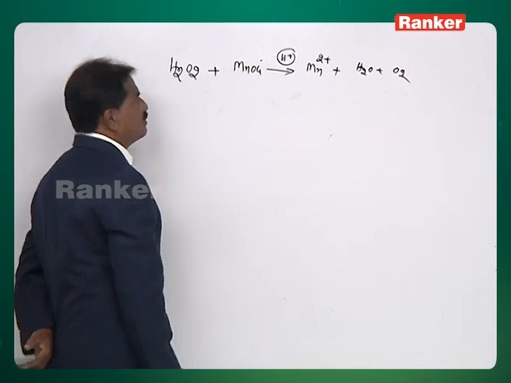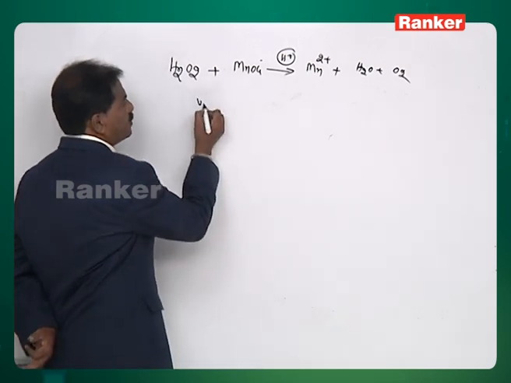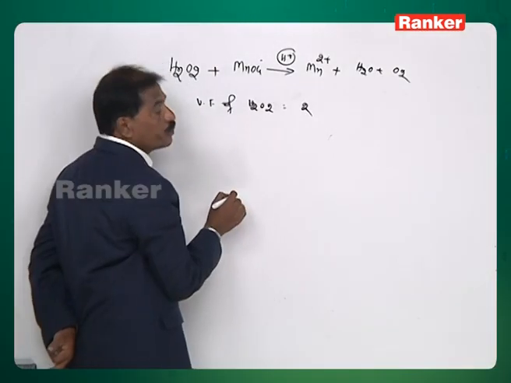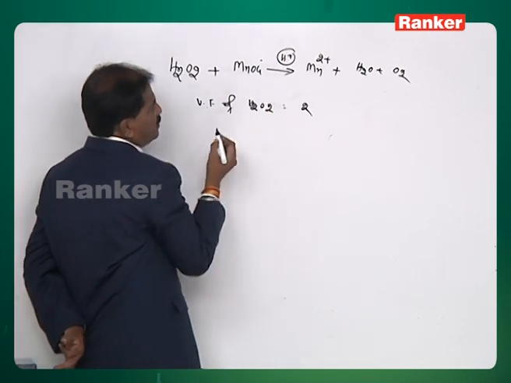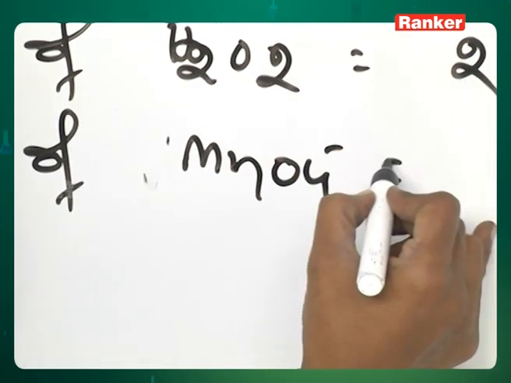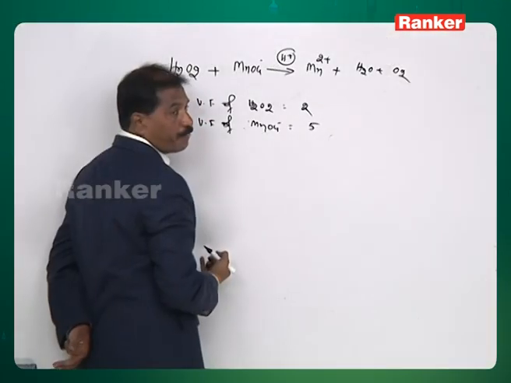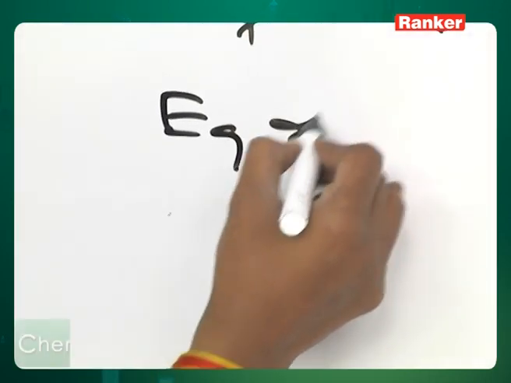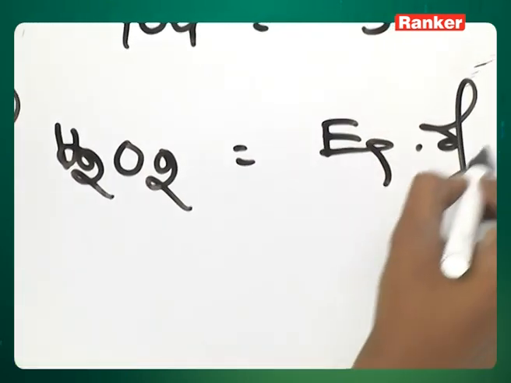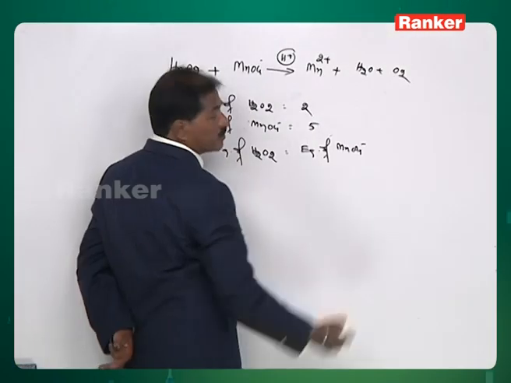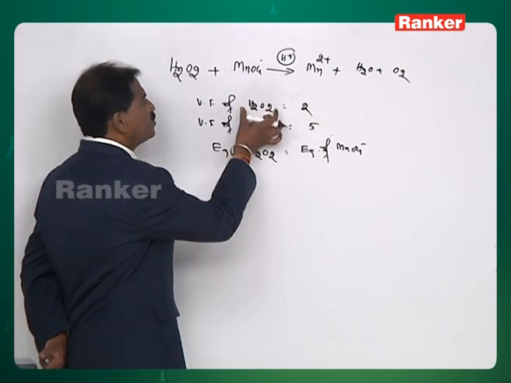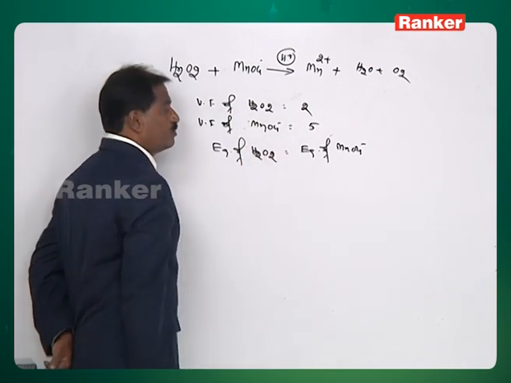So, in all redox reactions, the valence factor of hydrogen peroxide, valence factor of H2O2, is always 2. Since the reaction is taking place in acidic medium, valence factor of MnO4 minus is 5. Therefore, equivalence of H2O2 is equal to equivalence of MnO4 minus. In place of equivalence, we can use any formula for H2O2 as well as any formula for MnO4 minus.